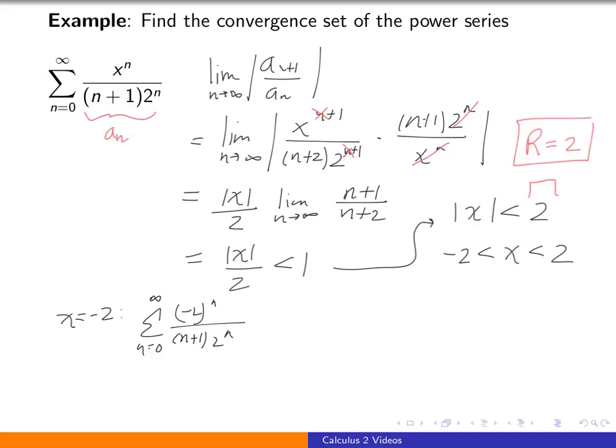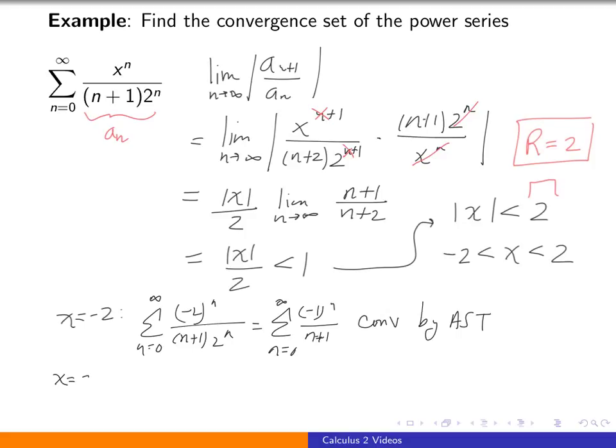And a minus 2 to the n divided by 2 to the n almost cancel with each other. What it leaves would be a minus 1 to the n in the numerator, and this is all over n plus 1. This is an alternating series, and it will converge by the alternating series test.